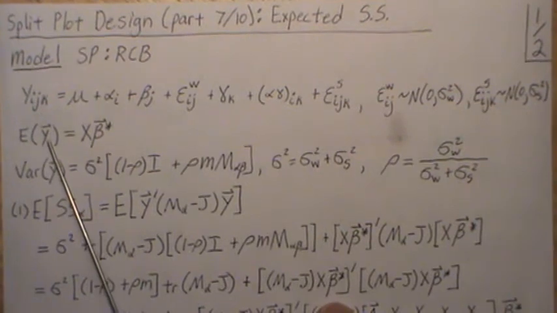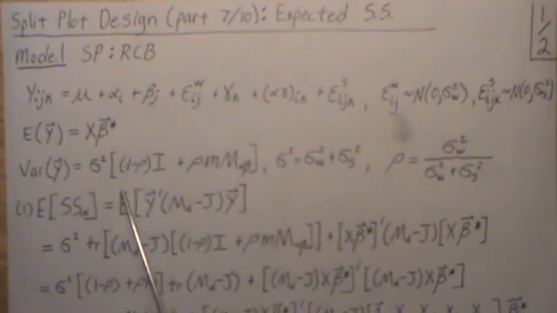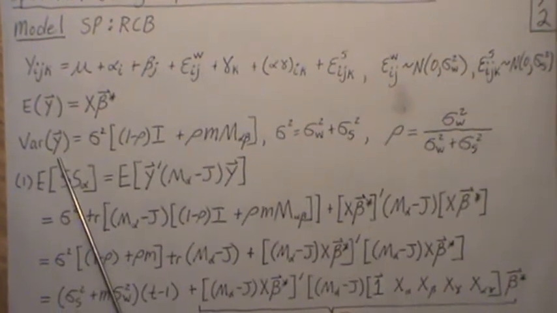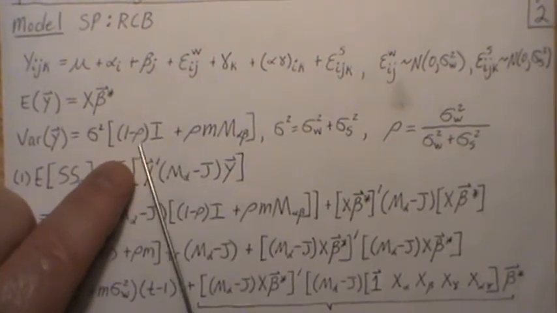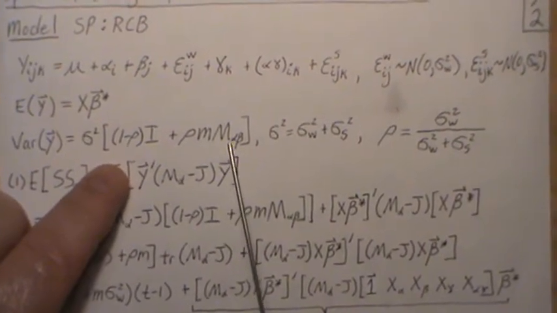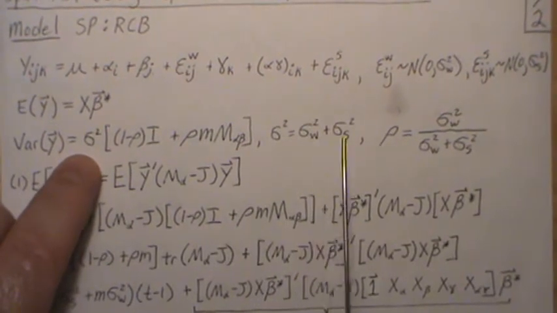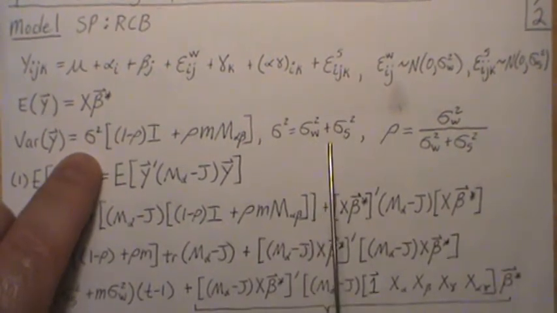The expected value of y, now remember this is a vector, is x beta star, and the variance of y is this. And in part 1 and 2 we derive this in more detail. Sigma squared is the addition of the two error terms.